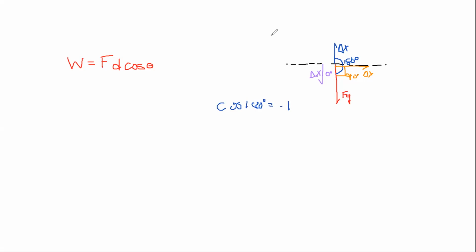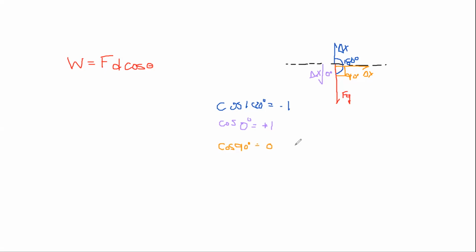Cosine of the angle 0 equals +1. I'll draw a positive to reinforce that. And then cosine of the angle 90 is equal to 0.